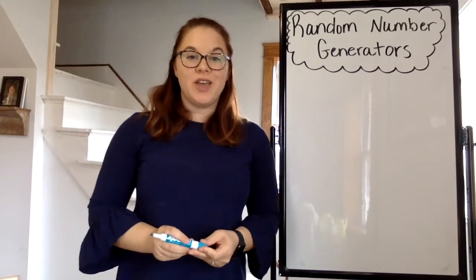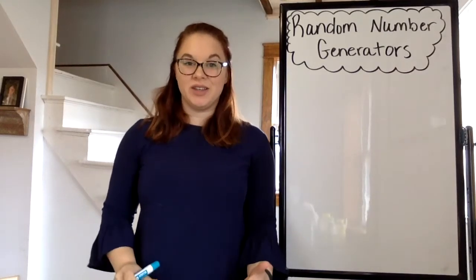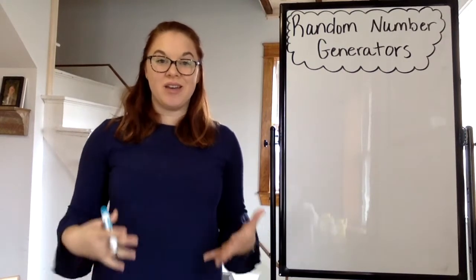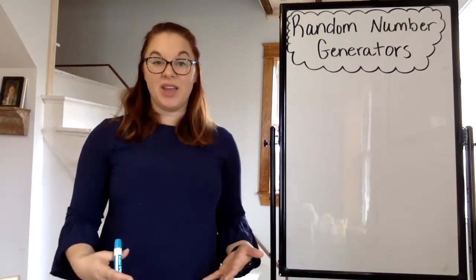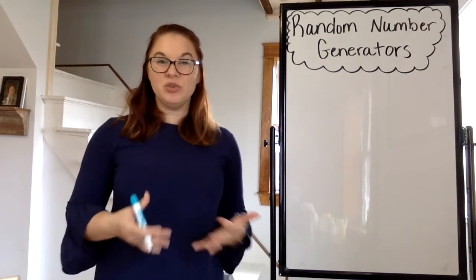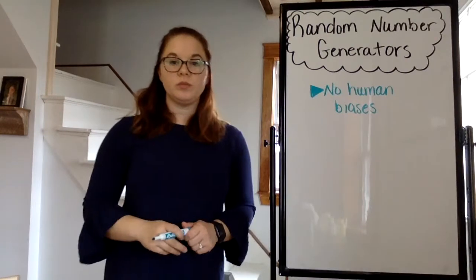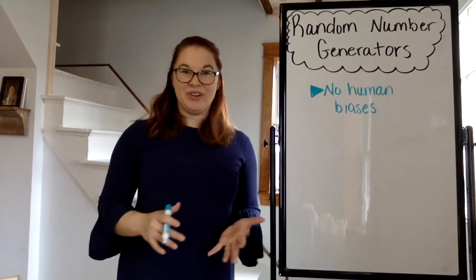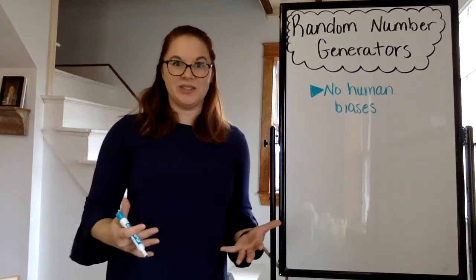Random number generators are really fantastic in that they're completely unbiased. And there are a few reasons why. The first is that there are no people involved, so there's no room for human error. When I say no room for human error, it really means no room for human biases.